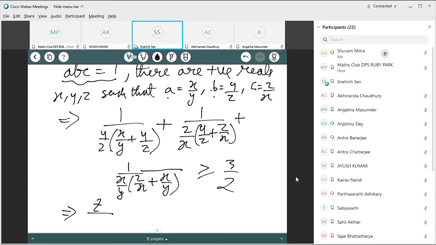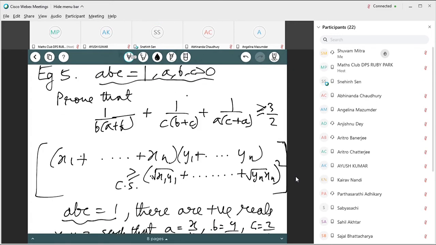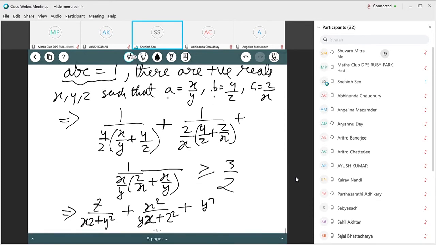So we get z squared by (xz plus y squared), plus x squared by (yz plus x squared), plus y squared by (yx plus z squared), greater than or equal to 3 by 2. So this is the inequality which we need to prove.